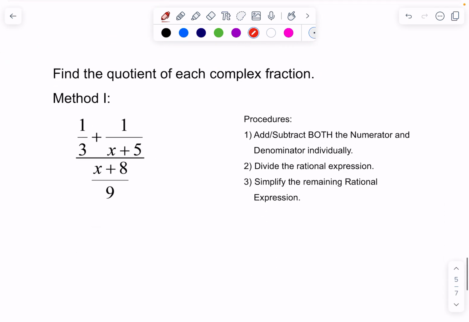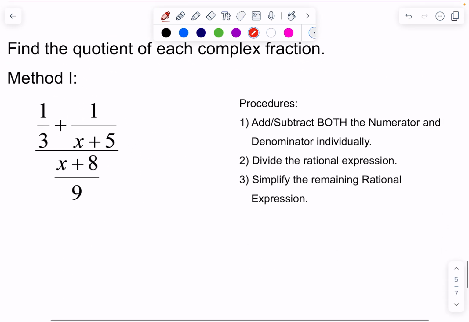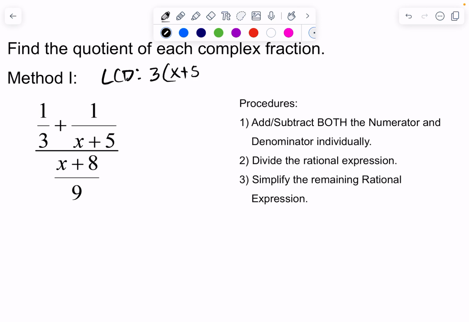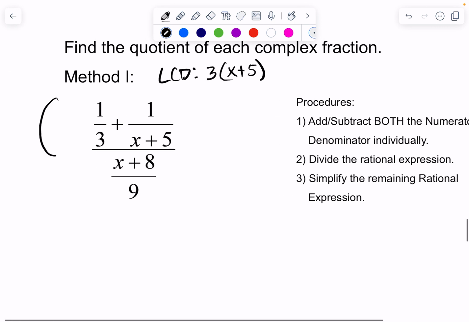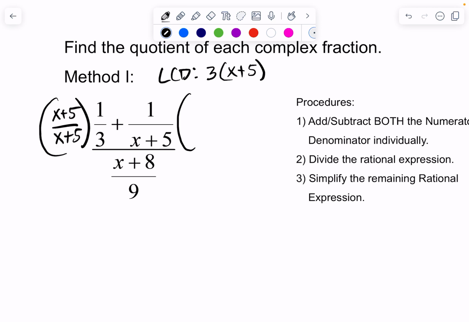All right, last but not least, let's solve this by using method 1. The LCD of the numerator here is going to be 3 times x plus 5. So I'm missing over here an x plus 5, which I multiply to the numerator and denominator. Over here on this side, I'm missing a 3, which I'm going to multiply to the numerator and denominator.